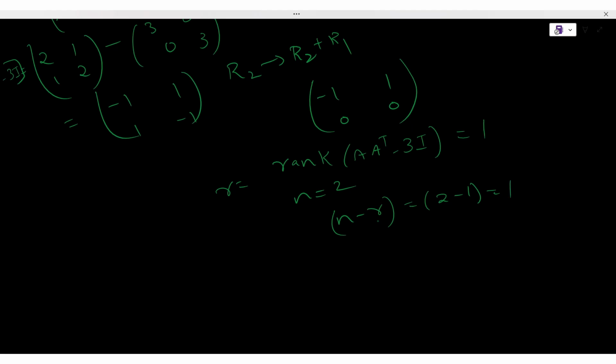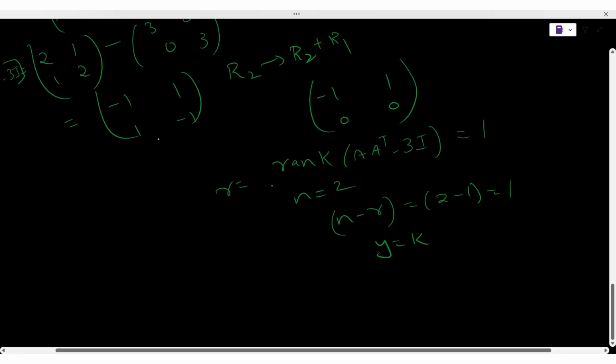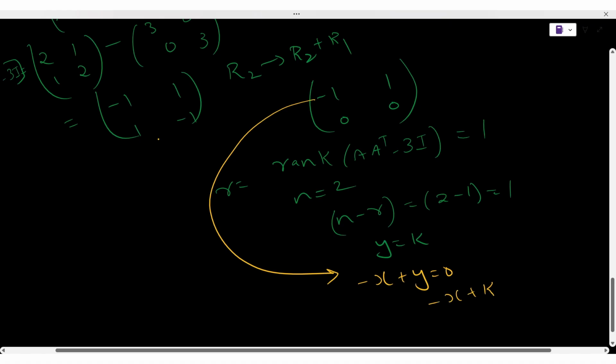So let us assume that Y is equal to K. If you substitute in first equation minus x plus y is equal to 0, what will you get? Minus x plus k equal to 0, x is equal to k.